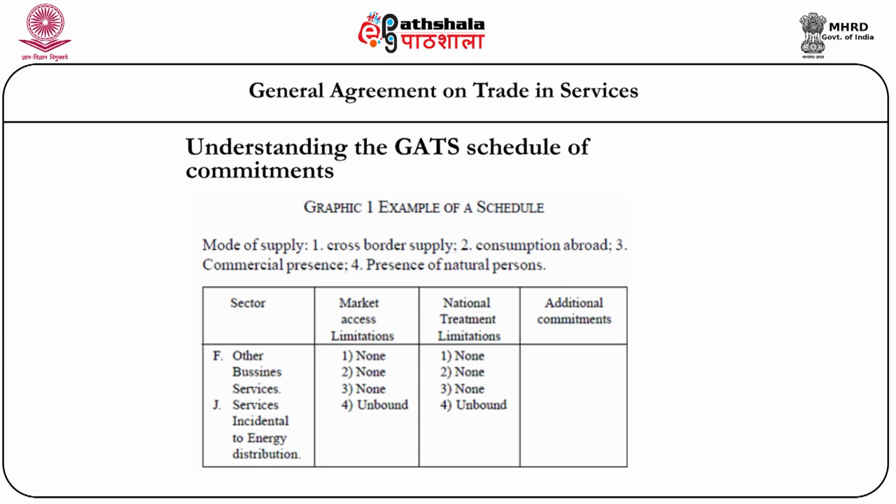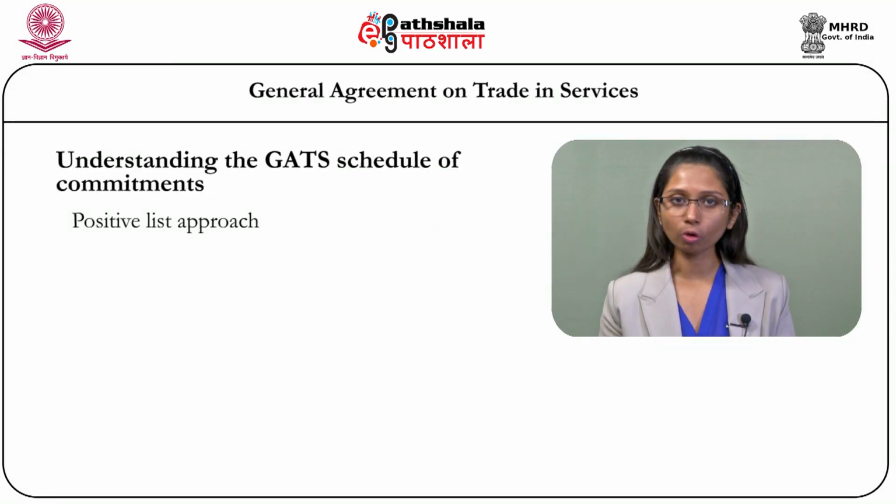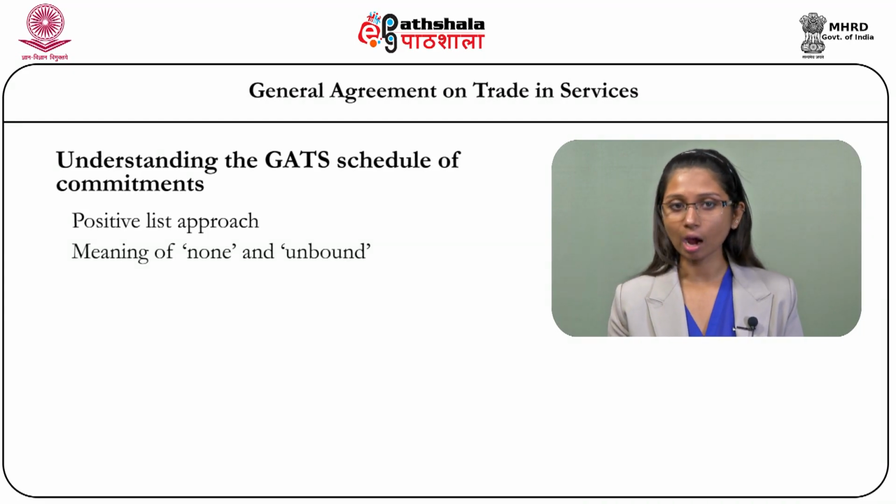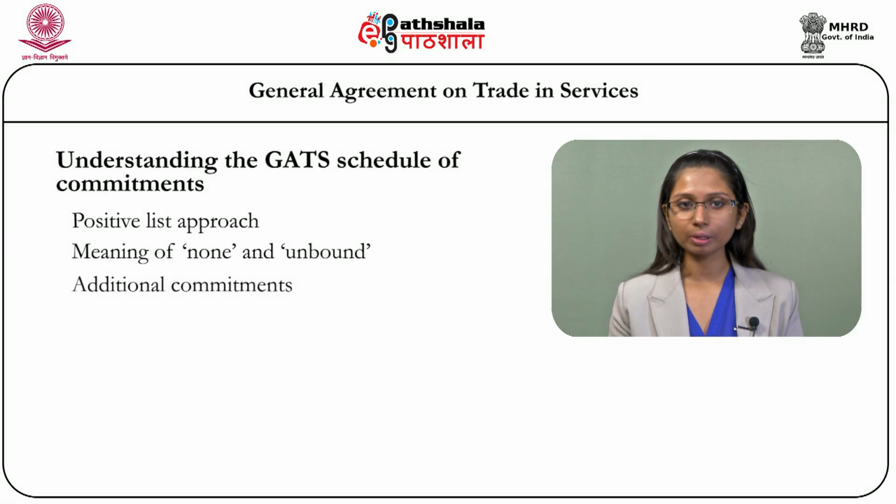In the course of this presentation and during a discussion of the scheduling process, we will also understand concepts such as a positive list approach under GATS, the meaning of terms such as none and unbound, and what additional commitments members may undertake.